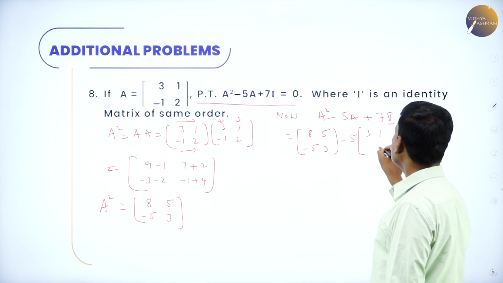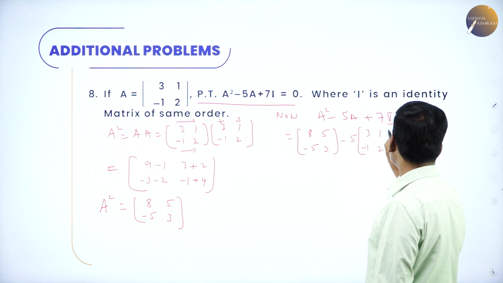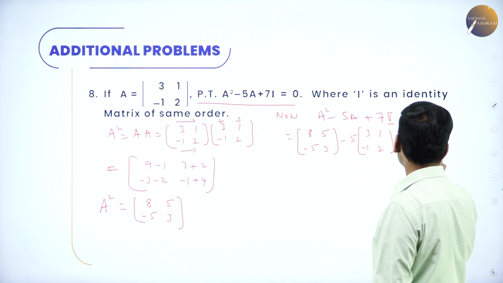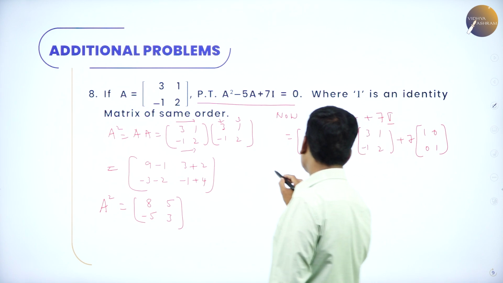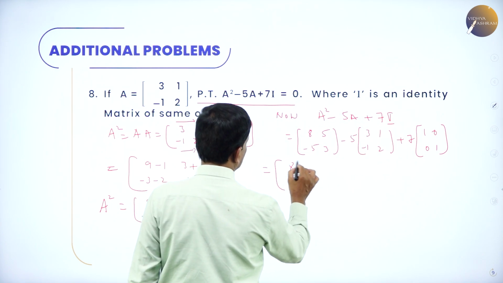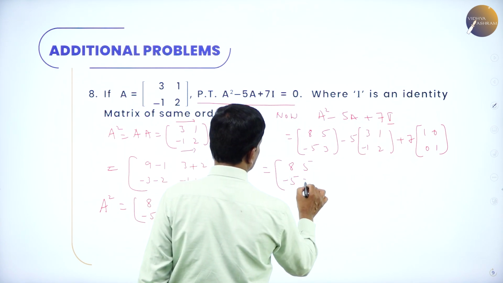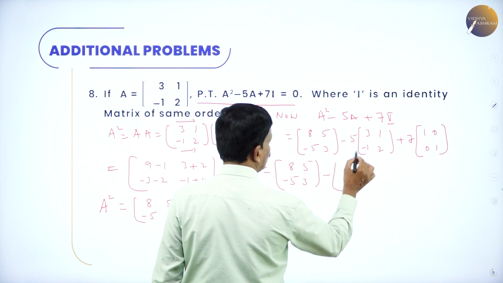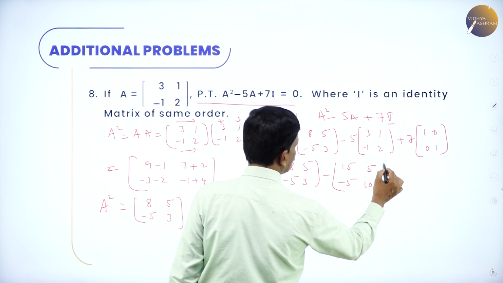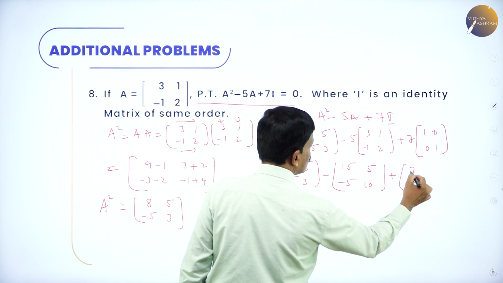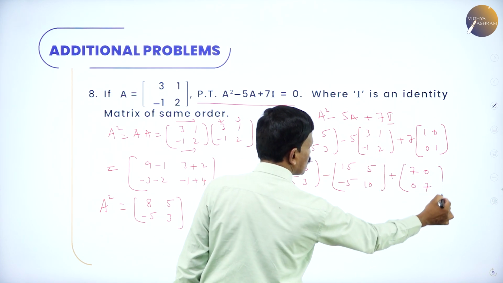The given matrix 3, 1, minus 1, 2, plus 7 into I, the identity matrix 1, 0, 0, 1. So this is equal to 8, 5, minus 5, 3, minus, multiplied by 5: 5 3s are 15, 5 1s are 5, minus 5, 5 2s are 10, plus 7, 0, 0, 7.